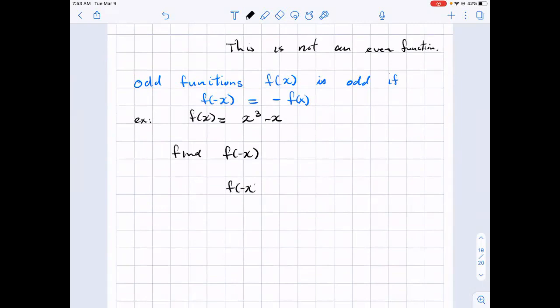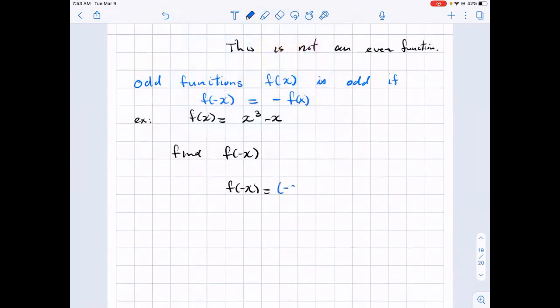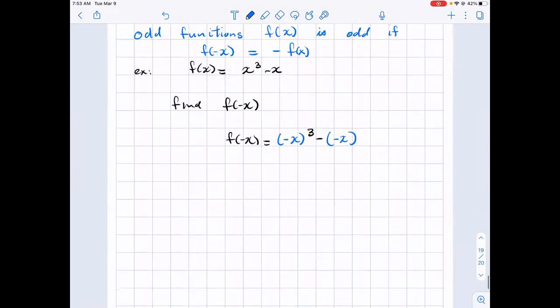Wherever we see x, we put a minus x cubed, minus, and once again we have x, so we put minus x. By doing this, we end up with f of minus x equal to minus x cubed plus x, because if we cube this, we get a negative result.